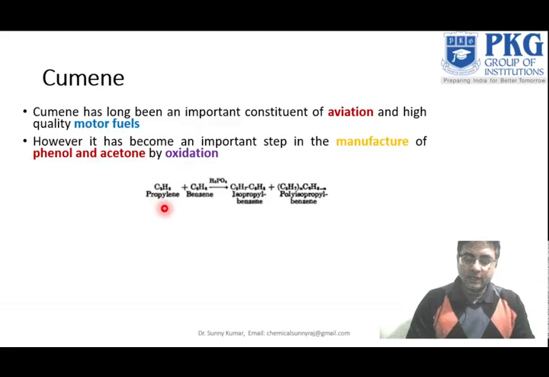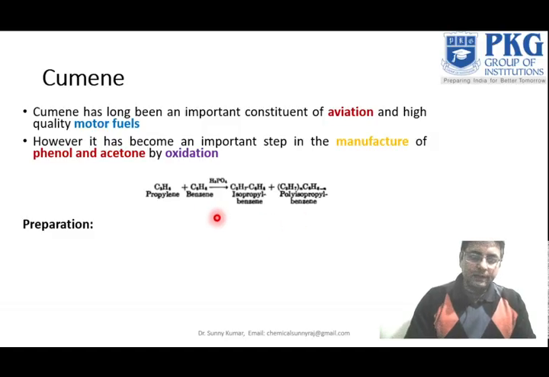This is a simple reaction: propylene and benzene with phosphoric acid, H3PO4, give isopropyl benzene, C6H5C3H7, plus polyisopropyl benzene.